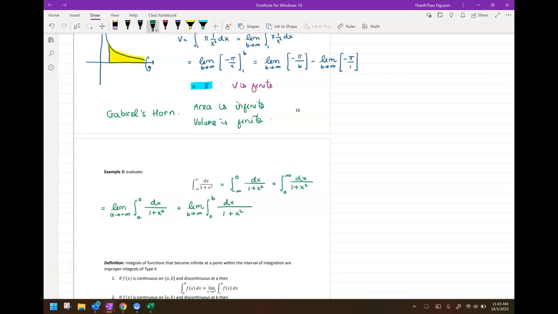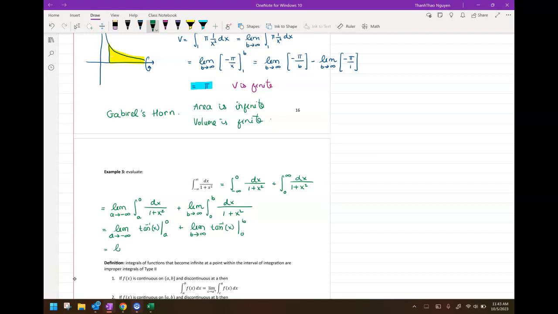With 1 plus x squared in the denominator, we look at the inverse tangent of x. So this is the limit as a approaches negative infinity of the inverse tangent of x evaluated from a to 0, plus the limit as b goes to positive infinity of the inverse tangent of x evaluated from 0 to b.